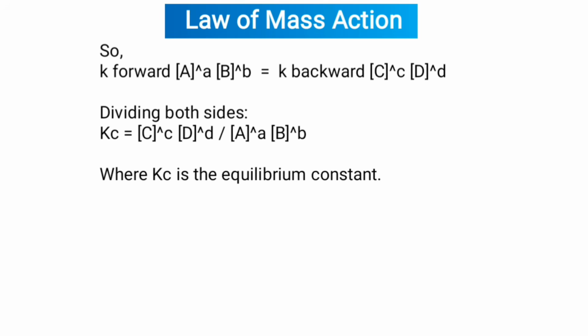Now dividing both sides, we get K is equal to [C]^c [D]^d divided by [A]^a [B]^b, where K is the equilibrium constant.